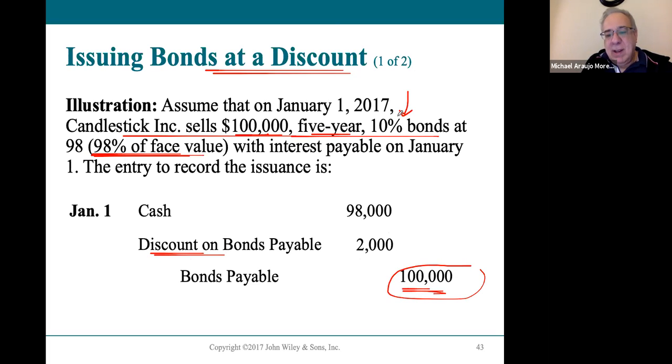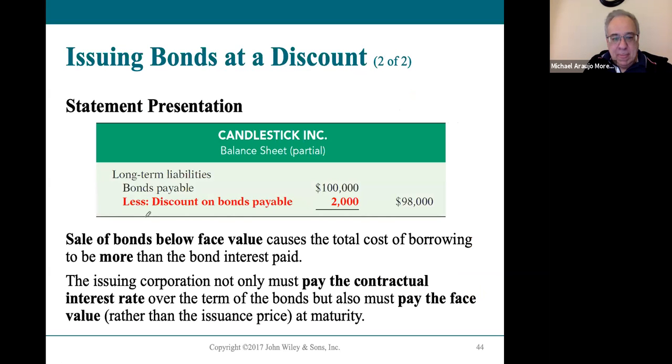They're paying that on 98,000, but they still owe 100,000. So clearly they're going to be paying more than the 10% that they promised because they didn't collect everything they needed. So on the balance sheet for those bonds that are sold at a discount, you will actually see discount on bonds payable as an account showing that discount and what the bonds are worth.